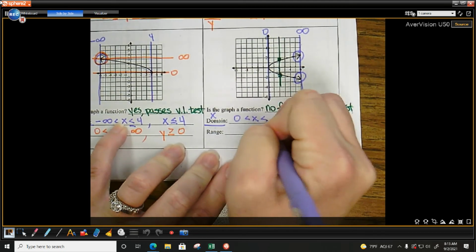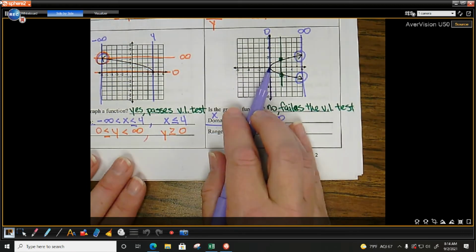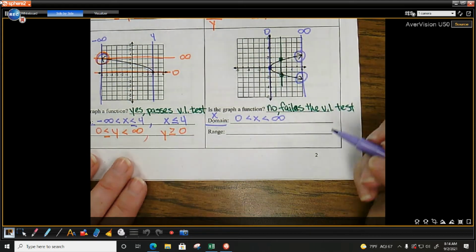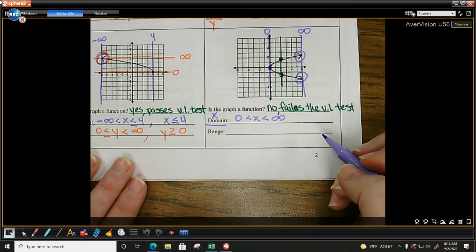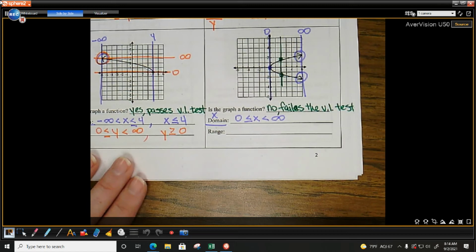You don't have a closed dot at 0, but does my graph actually get to 0? Right here, does my graph exist right there, guys? Yeah. Okay, so should I include 0? Yeah. Can you ever include infinity? No, so that's one way to write it, but again, we said you don't have to write it with the infinity.